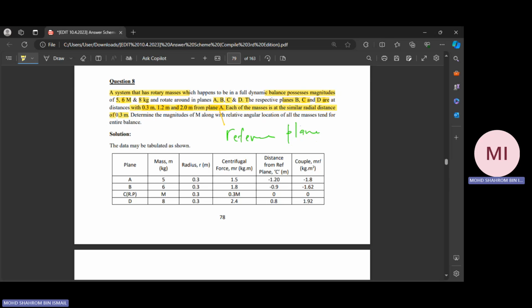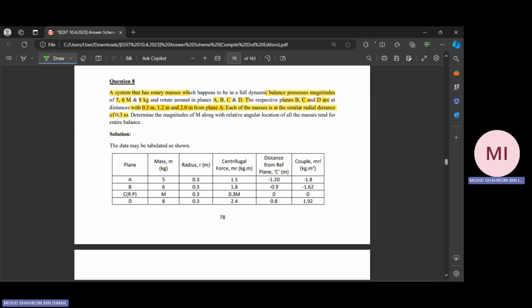So, first step. In my class, I always remind my students to highlight every single detail of information given throughout the question.